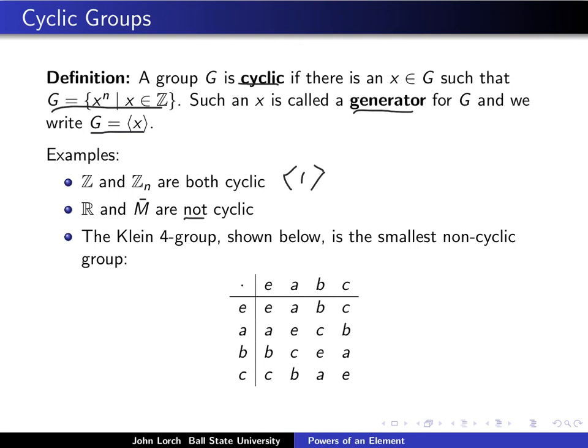So this is not cyclic. The order of E is 1, and the order of every non-identity element is 2. So there's no element of this group that can generate the entire group.